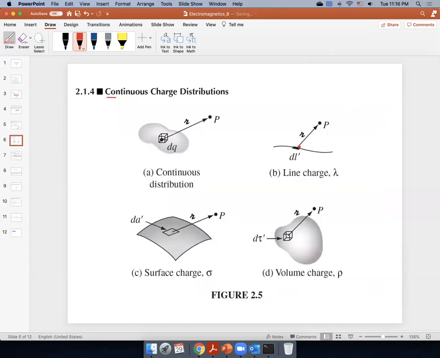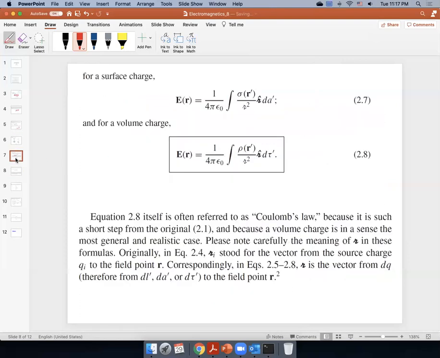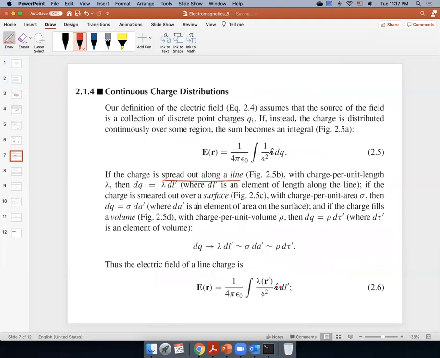For example, this is a line, and the charge is distributed along this line. Then the charge per unit length along the line is a function of the position, times dl prime. And the direction, of course, is in the r hat direction.